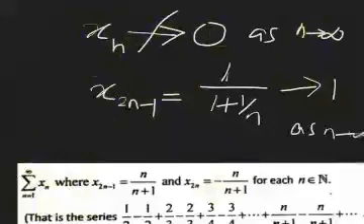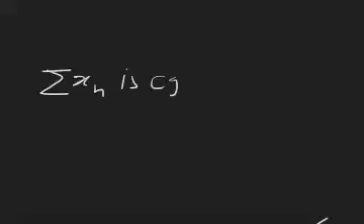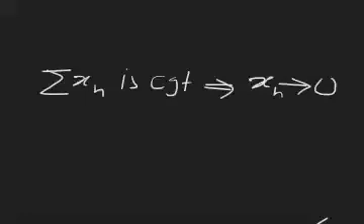So, if the series is convergent, this implies the limit of x_n, this sequence, goes to 0 as n tends to infinity.